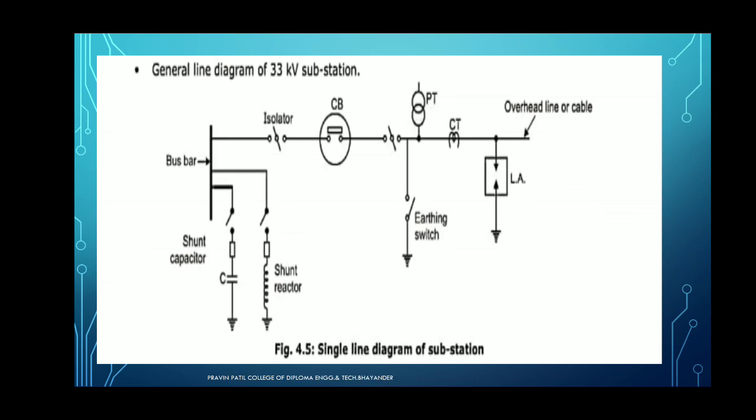Different types of components are connected, such as transformer, CT, circuit breaker, lightning arrestor, isolator, earthing switch, shunt capacitor, shunt reactor. So these are the different types of components required in an electrical substation.